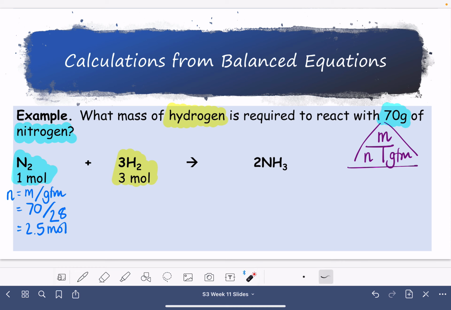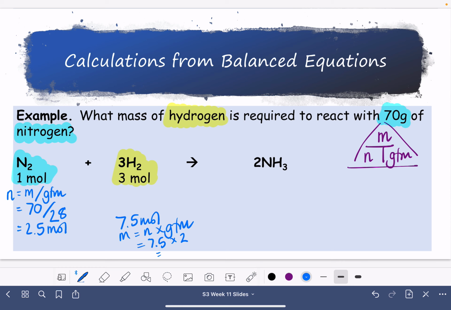Now here's the key part of this question. If 1 mole gives 3 moles, what would 2.5 moles give? Well, it would give 3 times 2.5 moles, which is 7.5 moles. But what's the mass? Well, we work out mass using number of moles multiplied by the gram formula mass. So that's going to be 7.5 multiplied by the gram formula mass of hydrogen, which is 2.